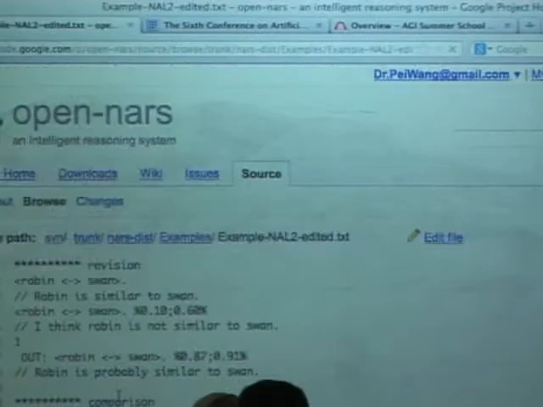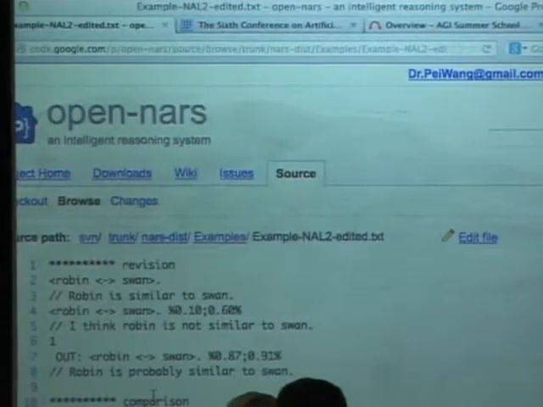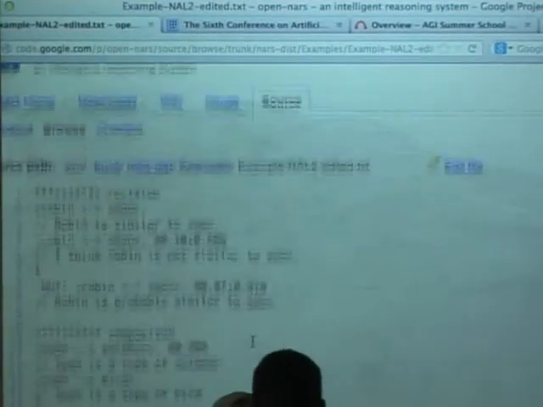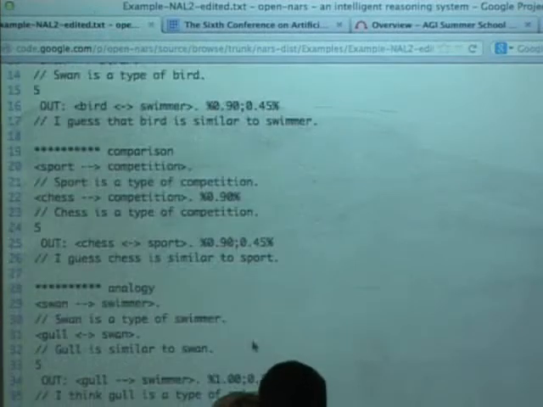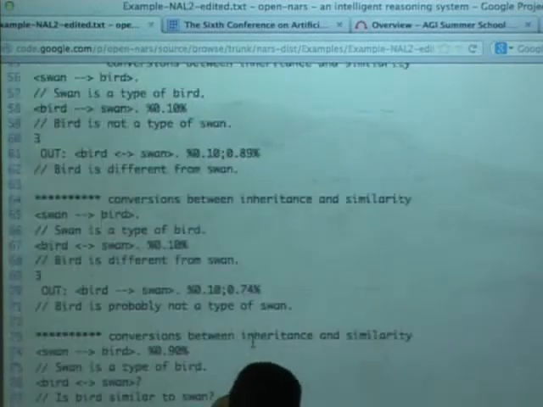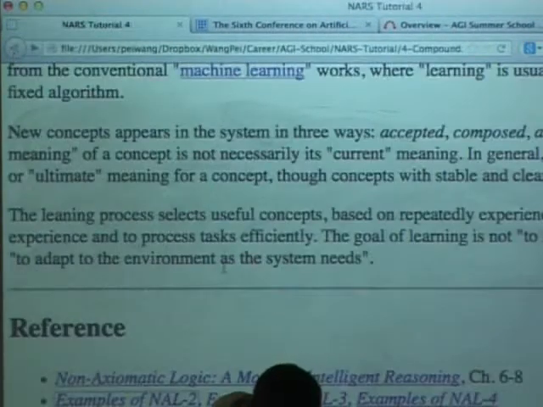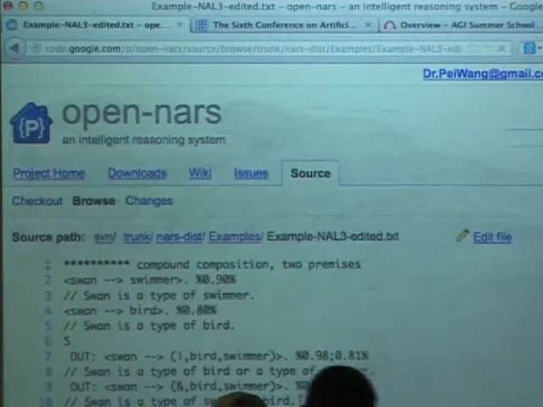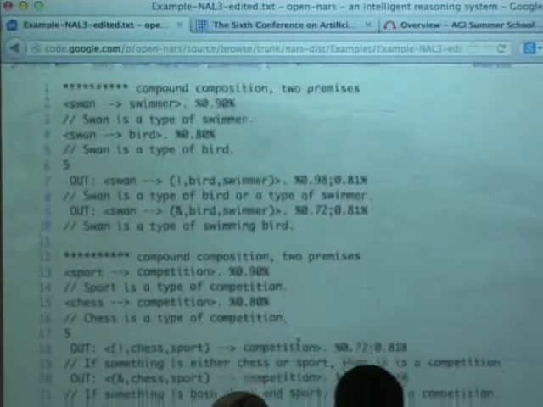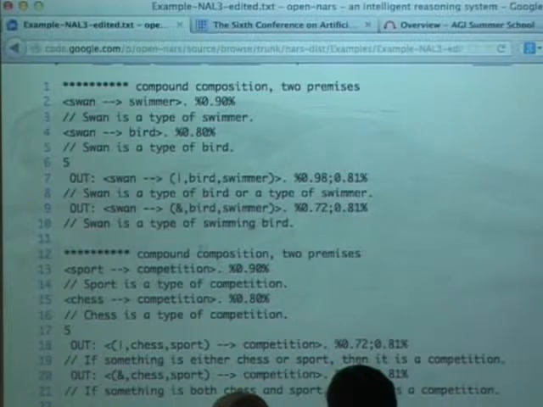Those are the ones actually tested in the current version of the system. You see them for each type of the rules of inference. So this is for the second layer. The one we just talked about is the third layer. You'll see that if you know it's a swimmer, it's a type of bird, you'll see the result.